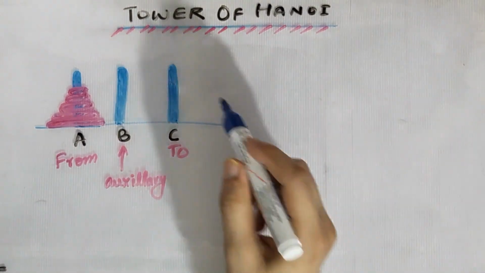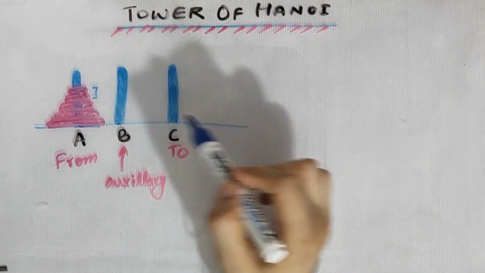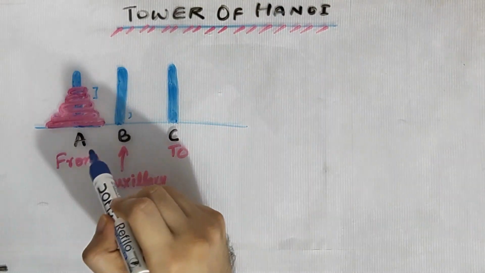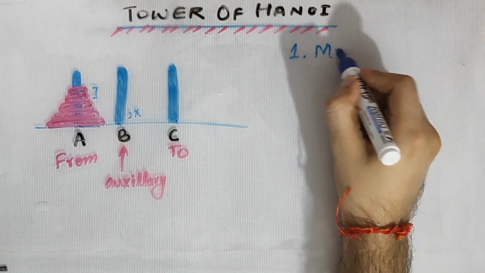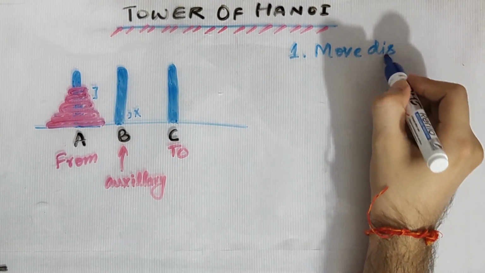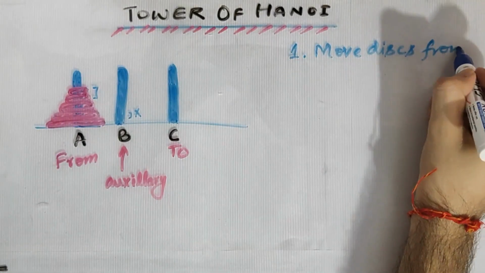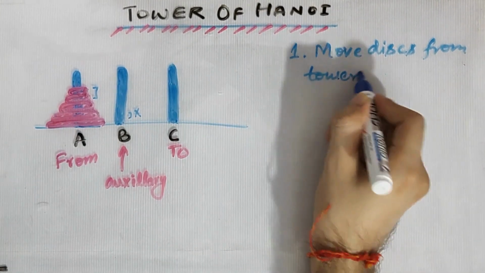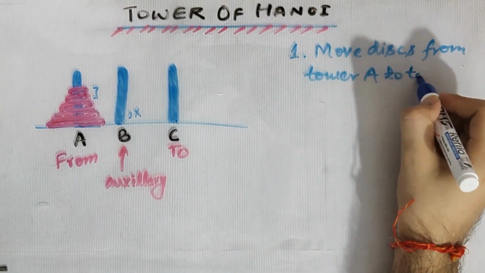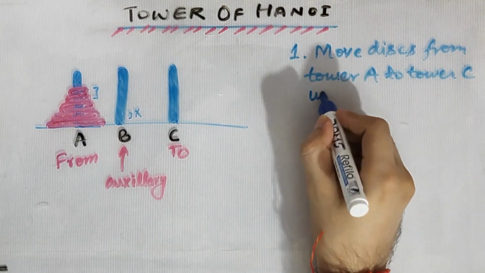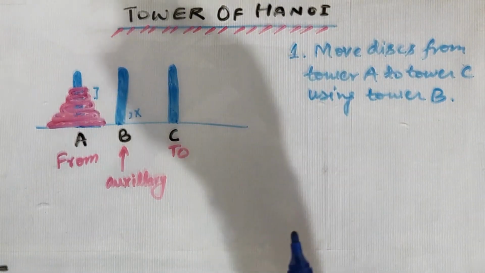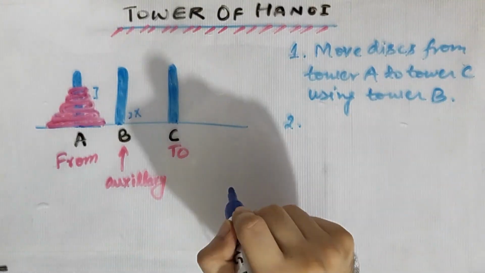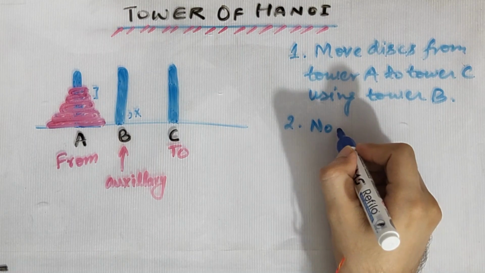Now let's see what the conditions are. The first condition is you have to move discs from tower A to tower C using tower B. And the second condition is no larger disk can be placed over a smaller disk.